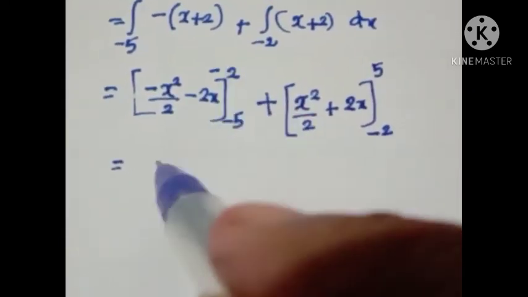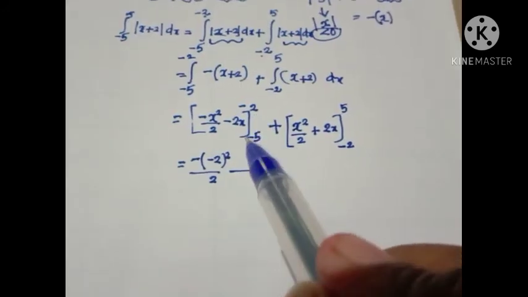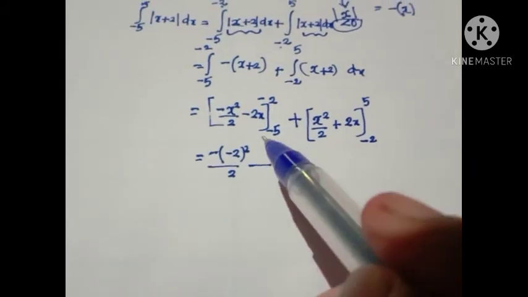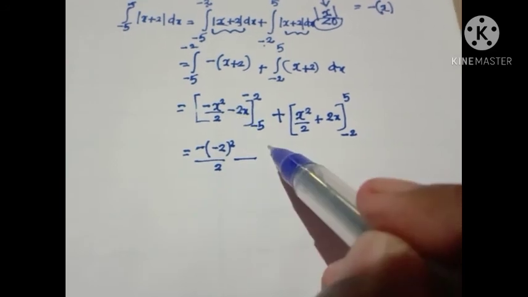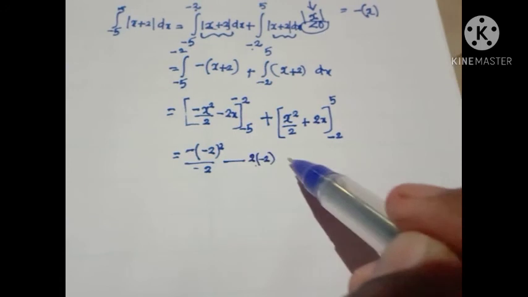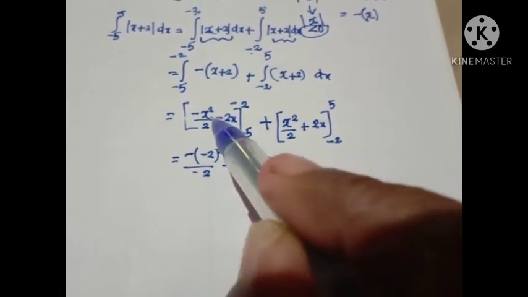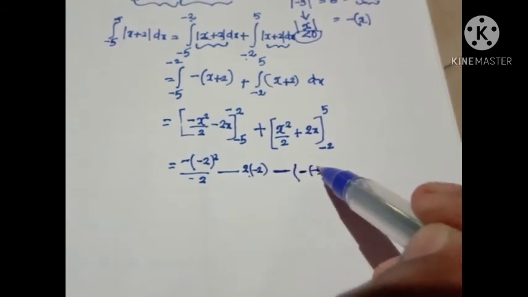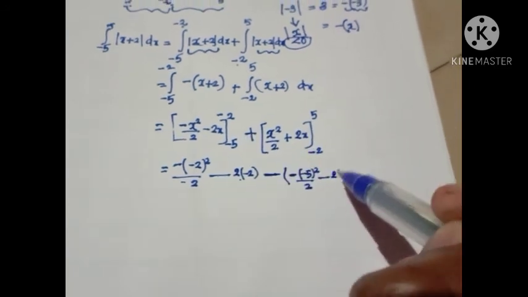Apply upper limit and lower limit separately in these two bracketed expressions. We can see that minus of minus 2 square by 2 minus 2 into minus 2. So we apply upper limit minus lower limit. That means put x equal to minus 5. So minus of minus 5 square by 2 minus 2 into minus 5.